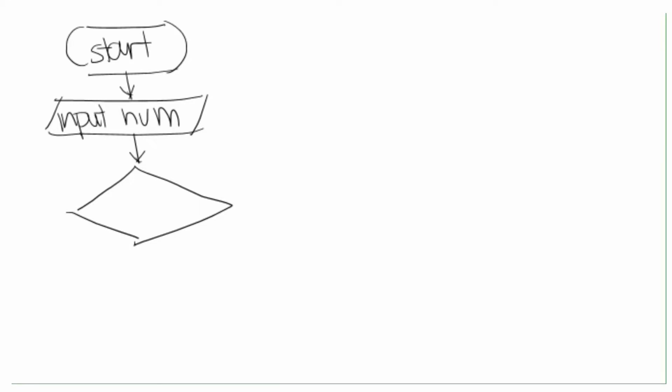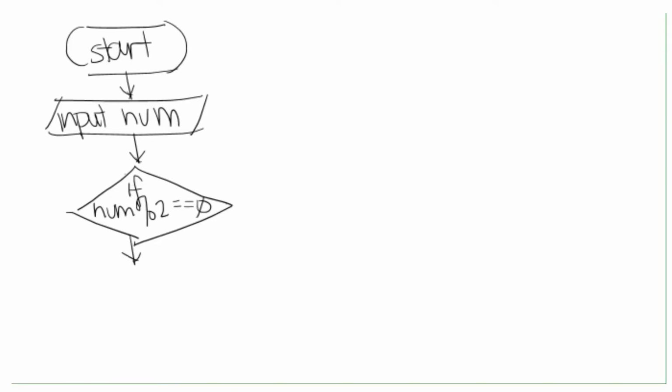So instead of processing the rem in the process box, I'm going to use if num modulo 2 is equals to 0. So if you take a look at the formula within the decision symbol, it's just the same as rem is equals to 0. So instead of rem is equals to 0, I'm going to use the arithmetic operation modulo 2.